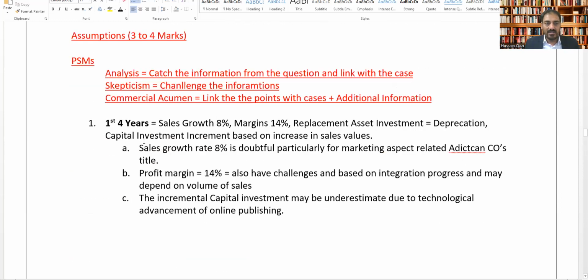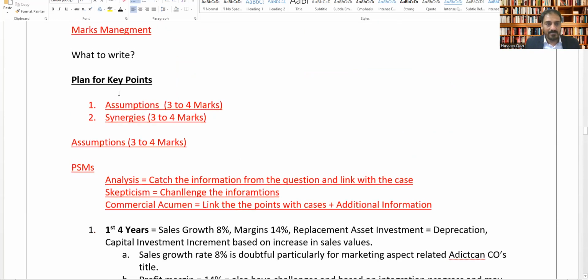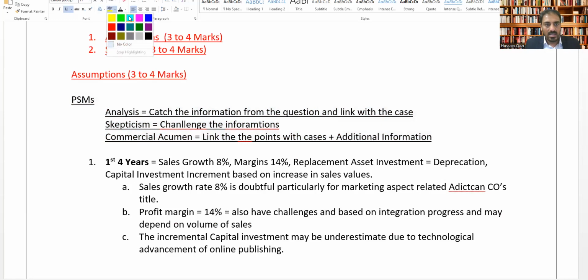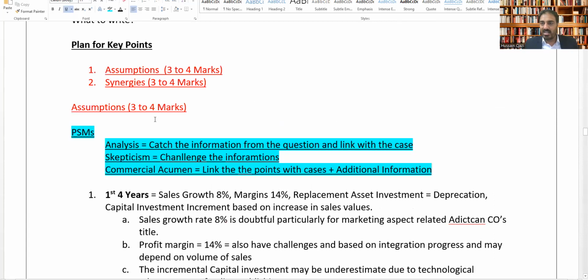Once again, you can ask yourself, sir, with this part, have we done with professional skill marks? Ask yourself, number one, with the synergy part of the working, catch the information from the case and link with the case. Yes, we have done it.